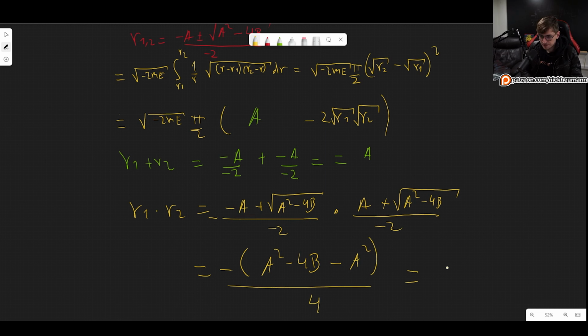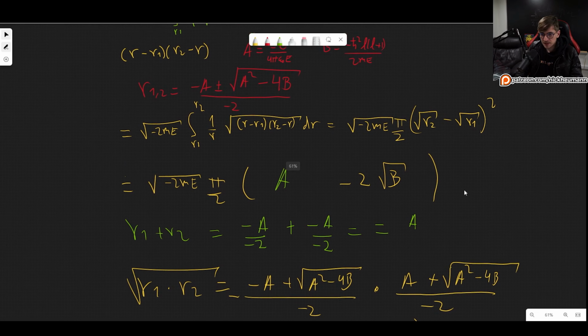So here we get b, right? This cancels out. We get plus 4b divided by 4, which is b. So the square root of this, of course, is the square root of b. So this thing right there is square root of b.